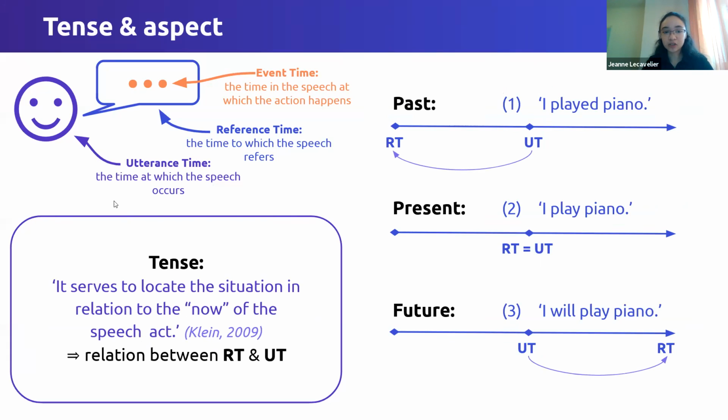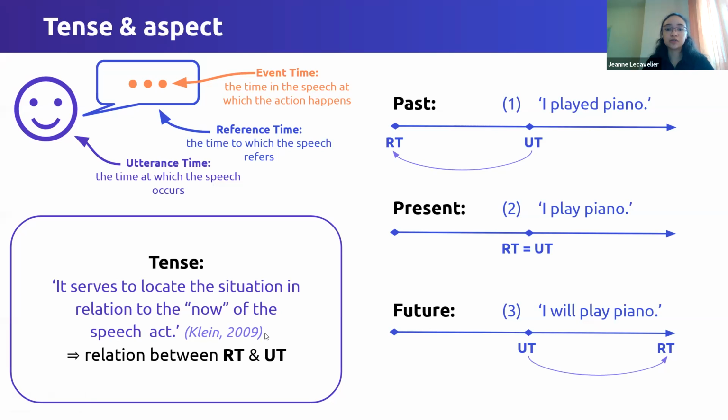The first one is the utterance time, the time at which the speech occurs, the now, and the reference time, which is the time to which the speech refers, and inside the reference time, the event time, the time in the speech at which the action happens. And what we call a tense is what codes the relation between the reference time and the utterance time.